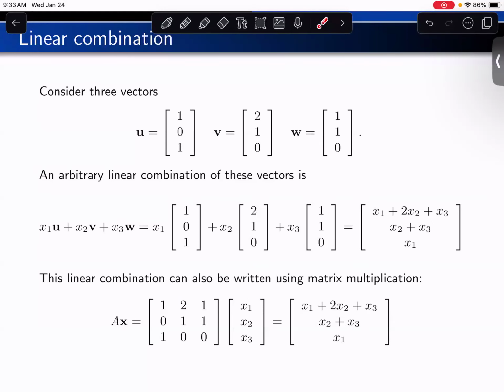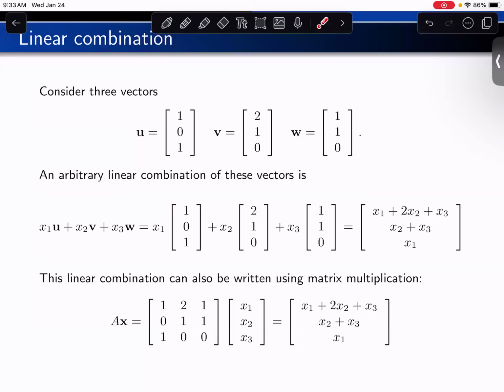You can rewrite it as the product of a matrix A times X, where how we determine A is you just take U to be the first column of this matrix, V the second column, and W the third column of our matrix.